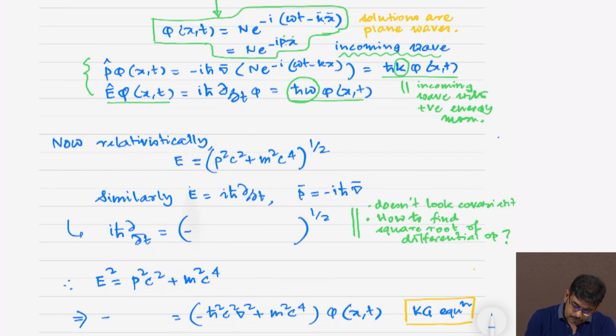Once again, if you convert them in terms of operators, the energy operator will be i h cross del/del t, and the p operator will be minus i h cross del.